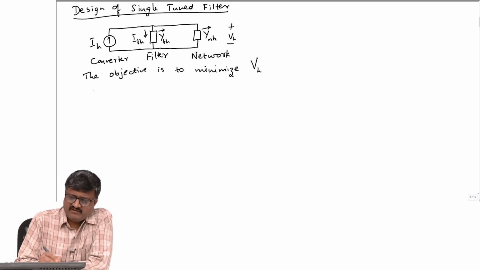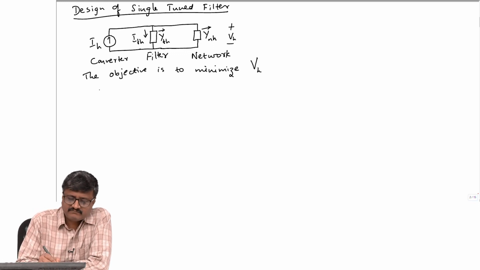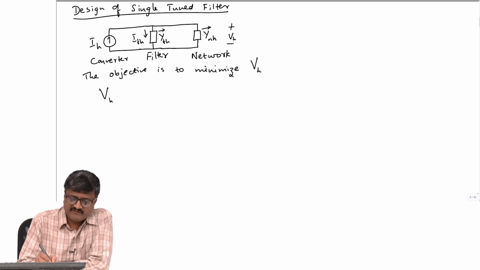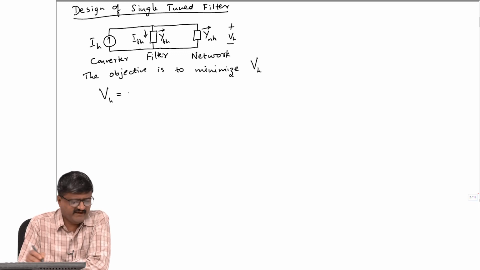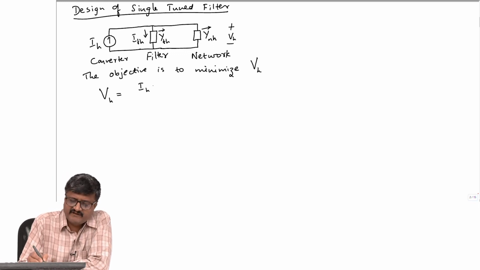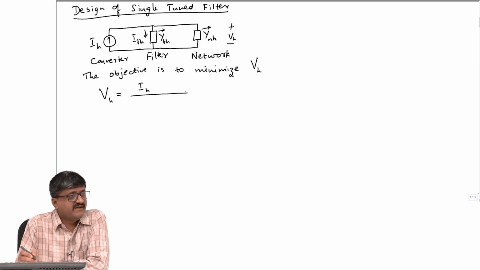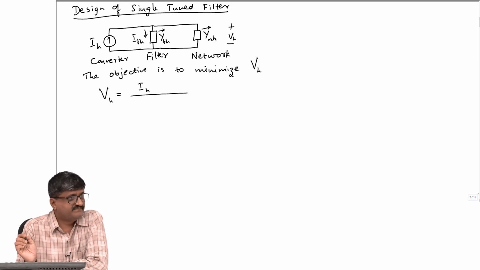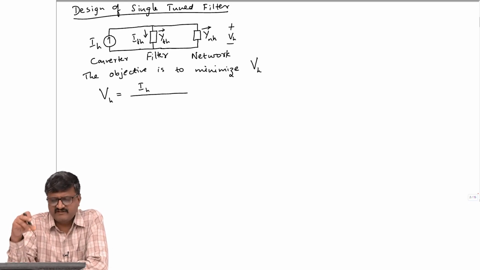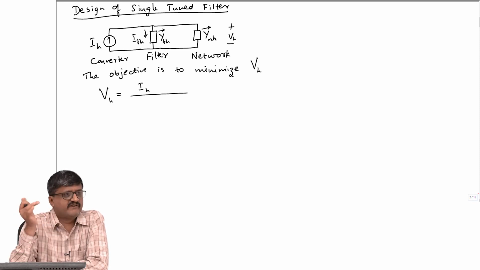So, what is VH? If I look at the expression for VH, I can write VH as the converter current IH divided by the admittance of the parallel combination of filter and network. VH is the voltage across the network, filter or converter.